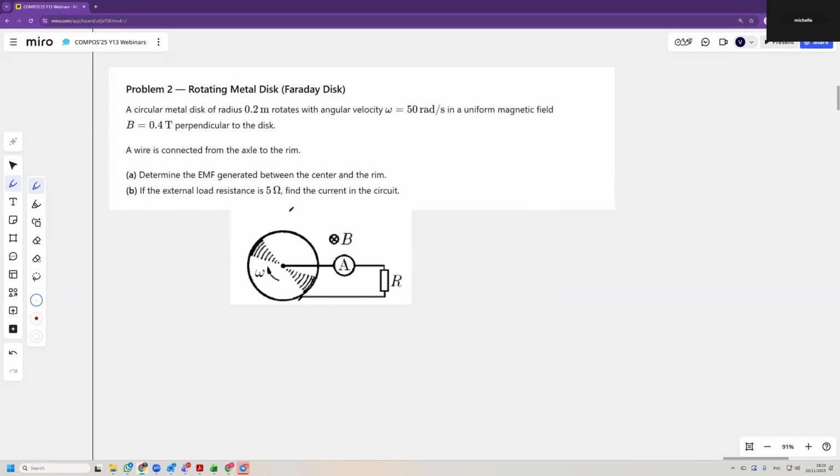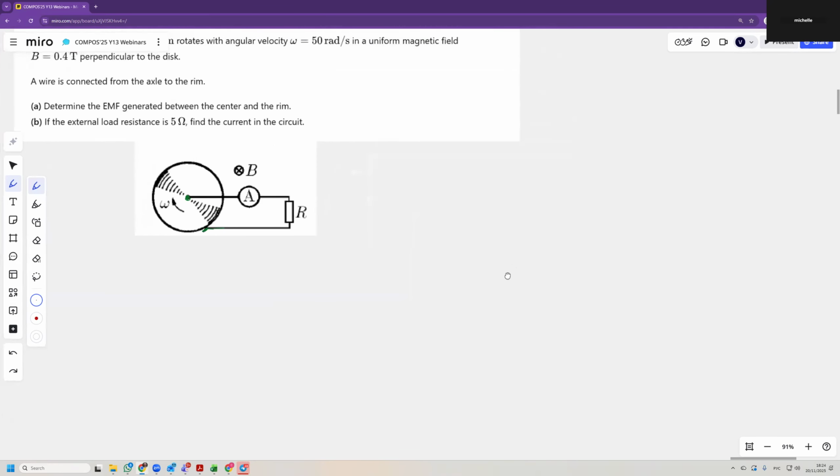So basically, if you have a metal disc and you spin it inside a magnetic field, there will be a voltage between the center and the edge of the disc. And this voltage you can register with a voltmeter. So if you connect a voltmeter like so, you will register a voltage. So we need to work out that voltage.